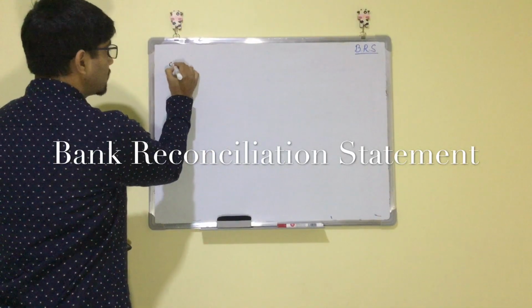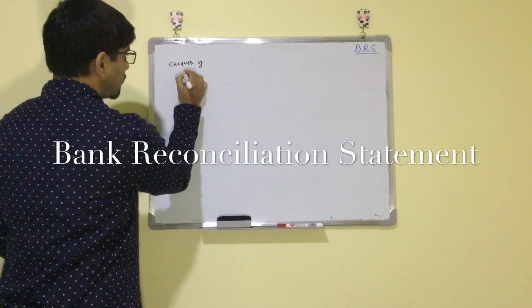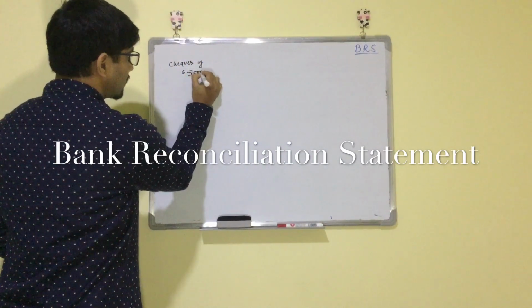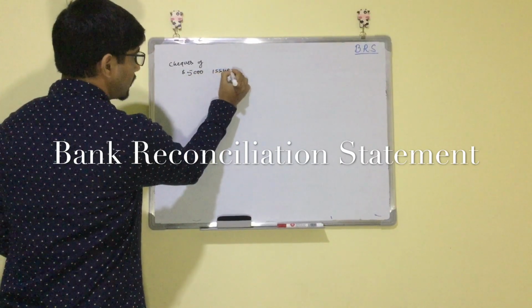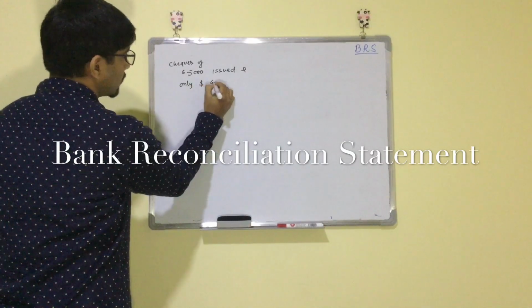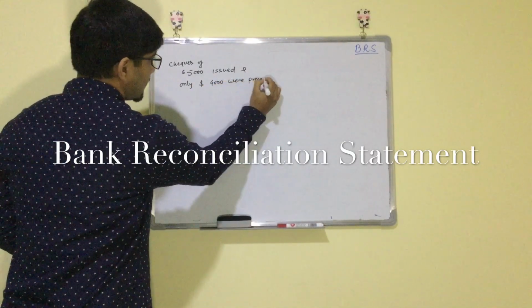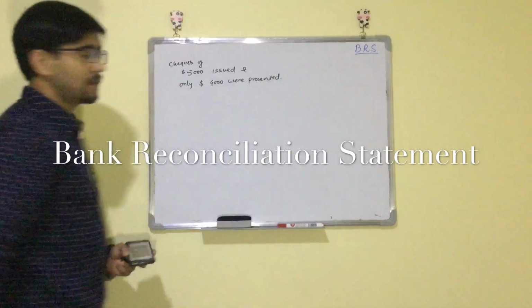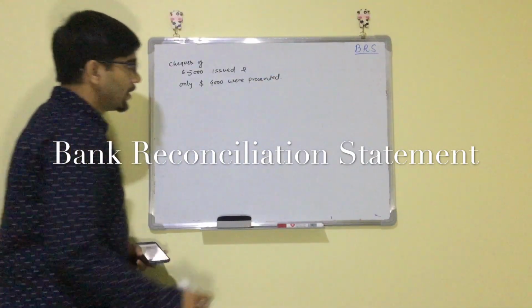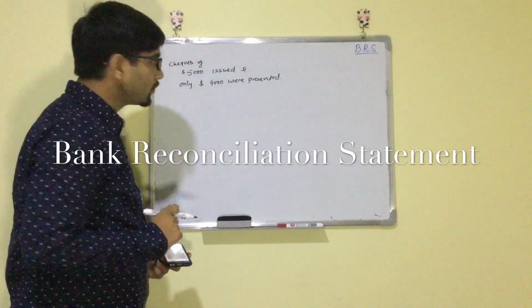See, checks of $5,000 issued and only $4,000 were presented. First, let's go to the meaning of this sentence.